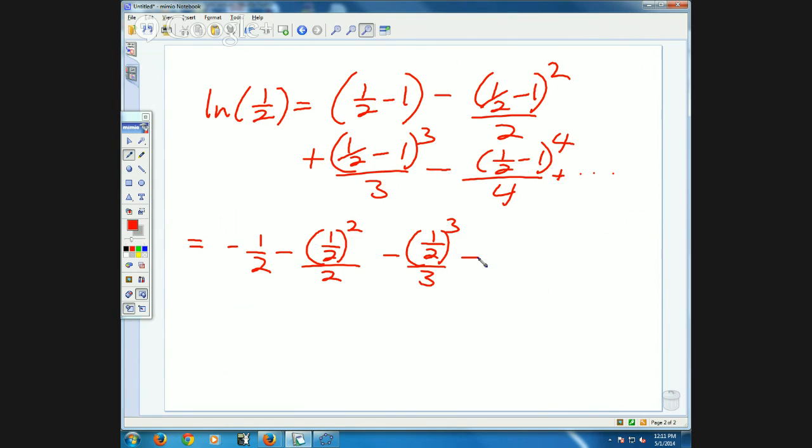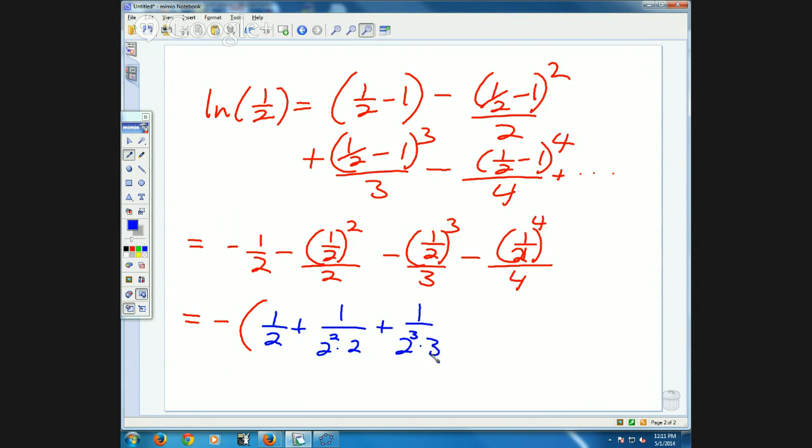Minus 1/2 to the 4th over 4. I can rewrite that a little bit, just for fun. I'm going to pull out the negative, and then everything left behind is going to be positive. So I will have 1 over 2, plus 1 over 2 squared times 2, plus 1 over 2 cubed times 3, plus 1 over 2 to the 4th times 4.